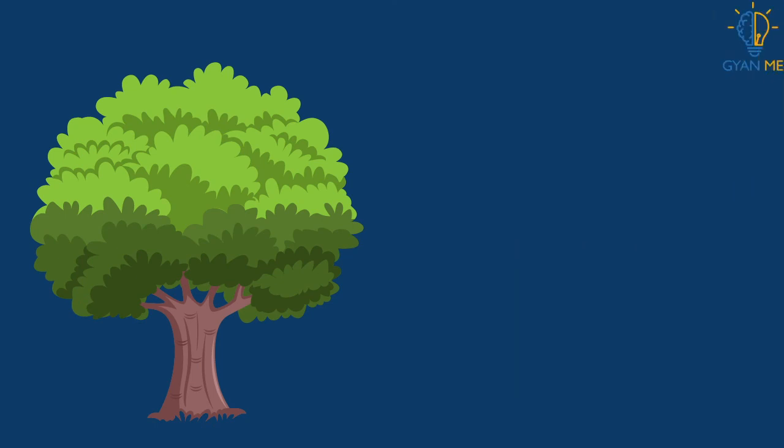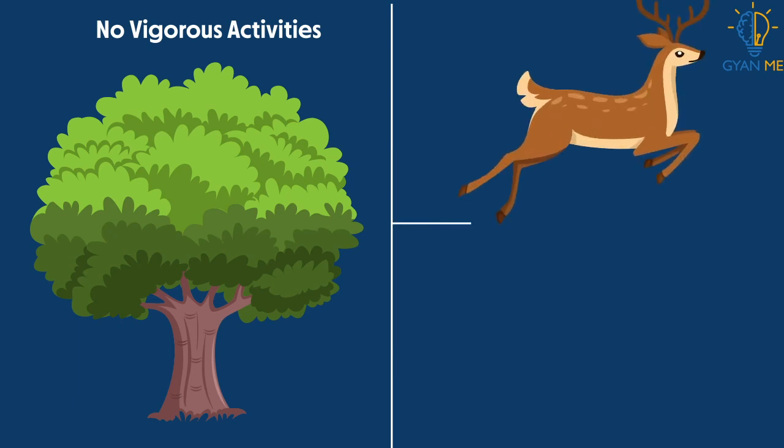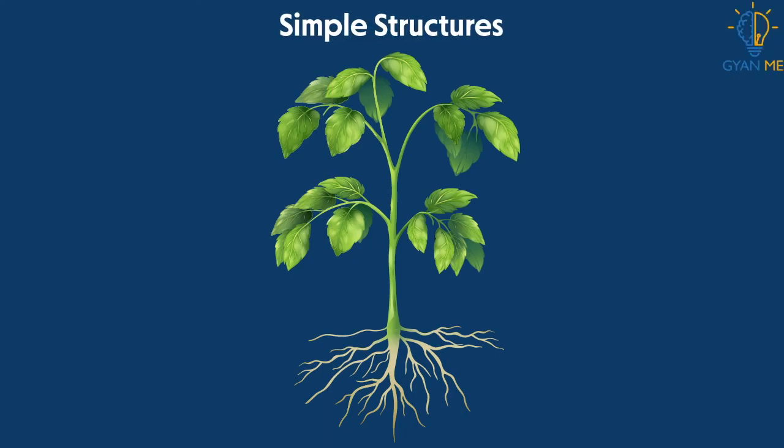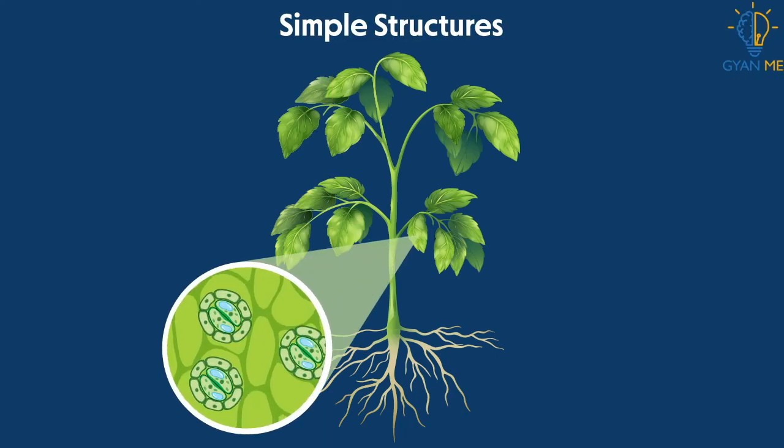Since plants don't move or do not carry out vigorous activities just like animals, their energy requirement is lesser than that of the animals. So they don't require a very complex respiratory system. Simple structures are enough to provide the required oxygen to each cell. For plants, we can say that every exposed part of it can exchange gases directly with its surroundings.